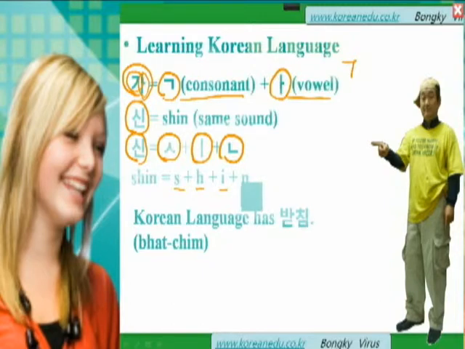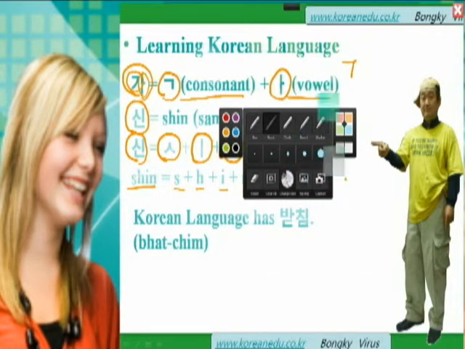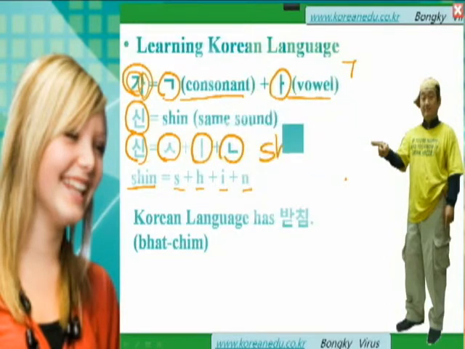But do you see the difference between the Korean language and the English language? Let's see. When you express shin, you write S-H-I-N. Yes. You write to the right. When you write the Korean word shin, you write 시옷 and 이, and below you write the consonant 니은.